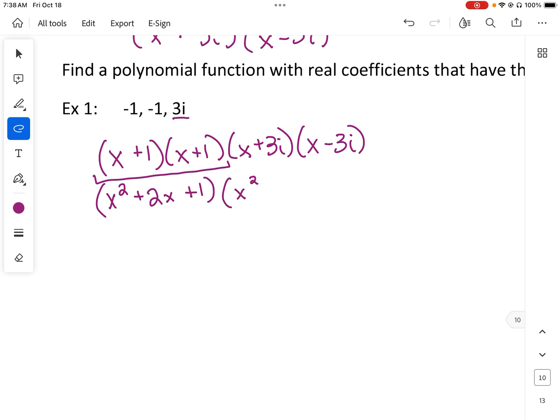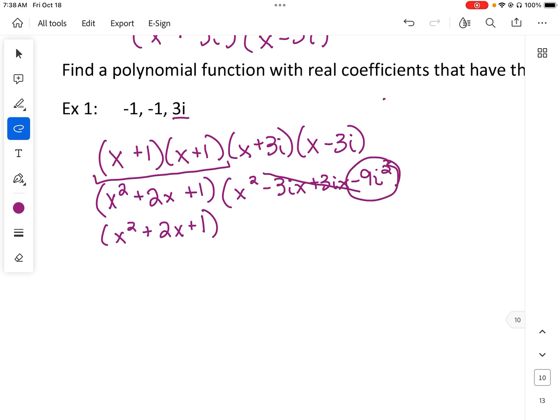X squared minus 3ix plus 3ix minus 9i squared. Okay, these are going to cancel each other out because that's 0. Negative 3i plus 3i is 0. So now we have x squared plus 2x plus 1.